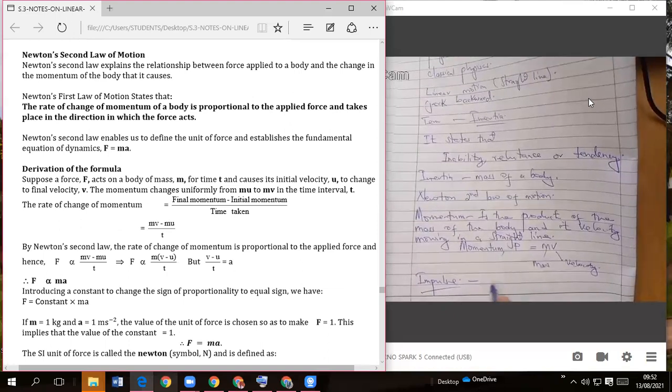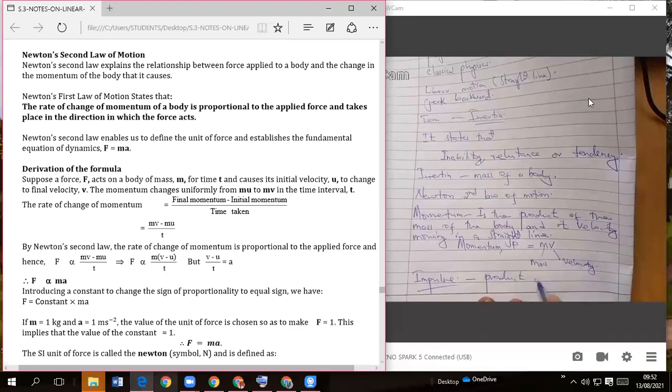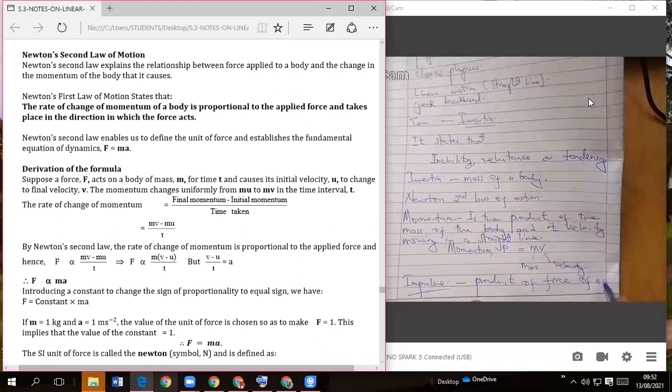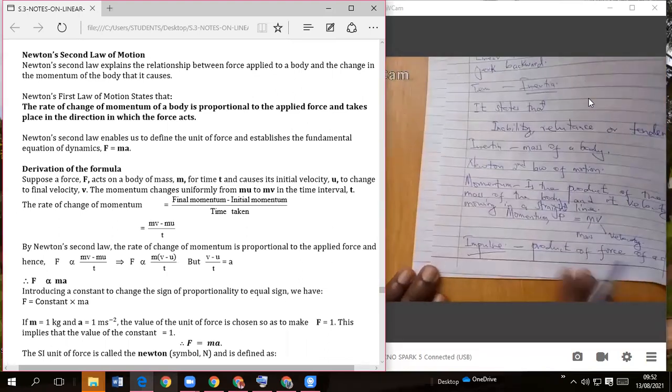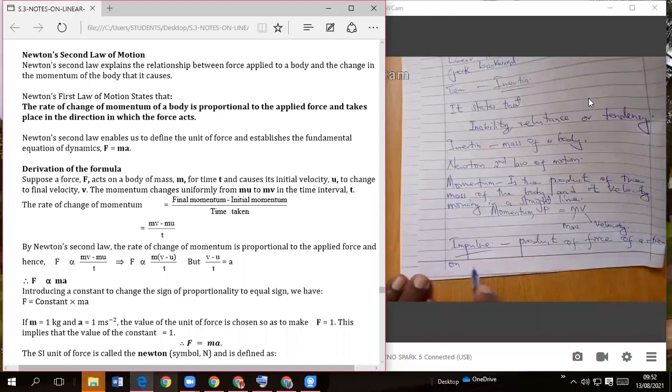Impulse is the product of the force of action on a body and time.